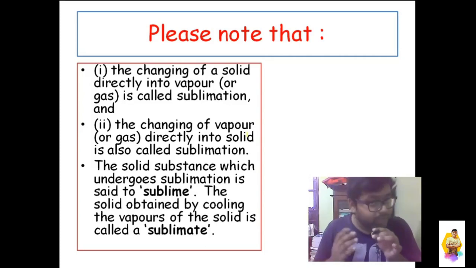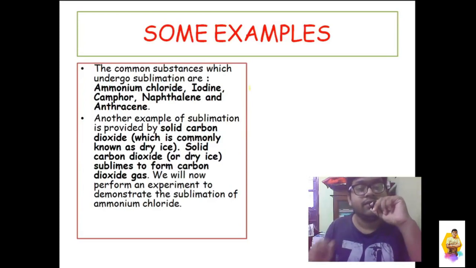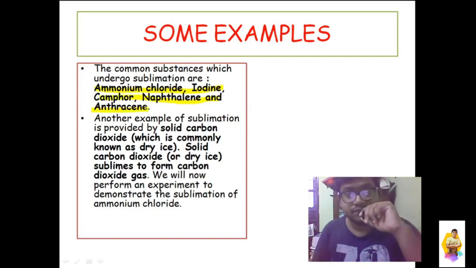Now we have to see some examples of this. There are so many substances which can undergo sublimation. Some common examples are ammonium chloride, iodine, camphor, naphthalene, and anthracene.